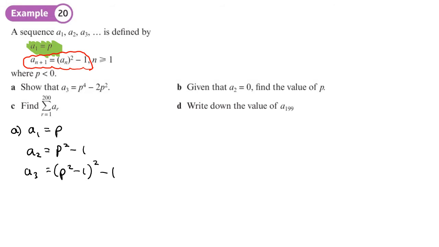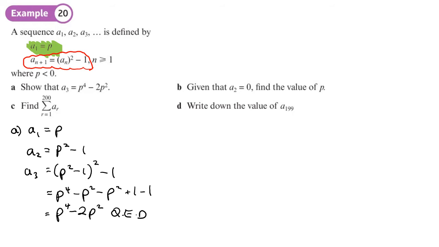It's just given in a different form, so I'm just going to expand the brackets. So that'll be p to the power 4 minus p squared plus 1 minus 1. So yeah, I can see I'll get p to the power 4 minus 2p squared QED.